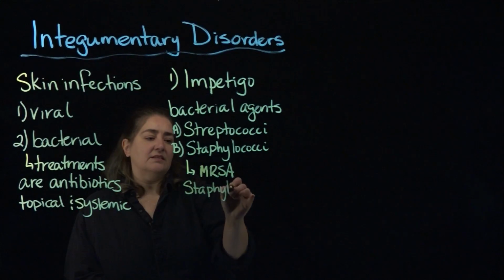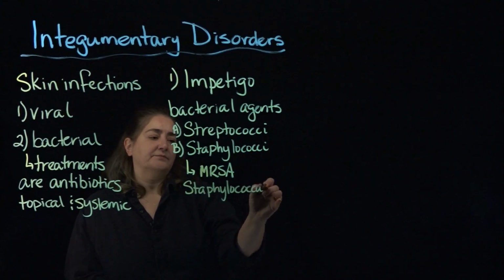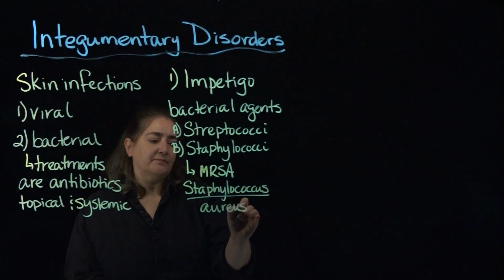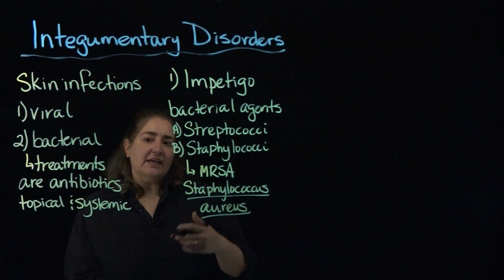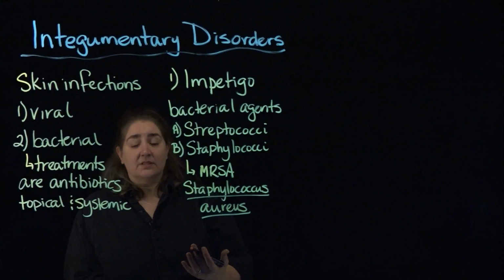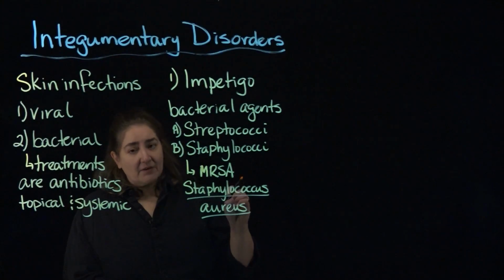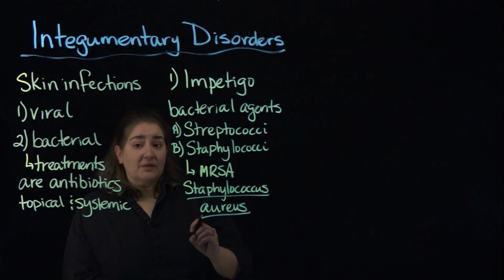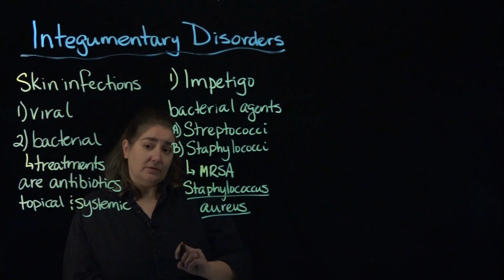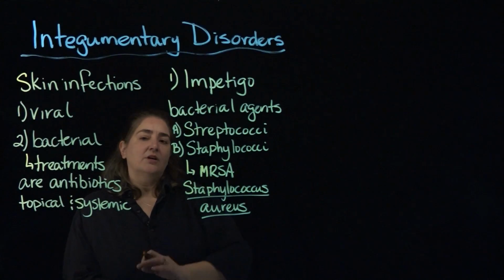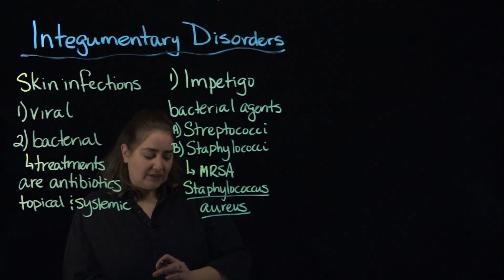In this case, it's Staphylococcus aureus. And the MR in this case refers to methicillin resistant. This tells you it's an antibiotic resistant strain, okay? So if it's an antibiotic resistant strain, treatment becomes much, much more difficult, all right? Because there are a limited set of antibiotics that will respond to a MRSA type infection, okay?